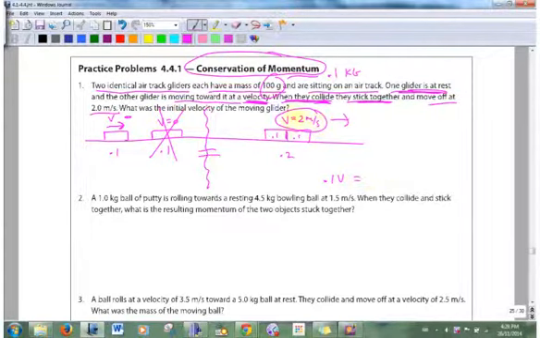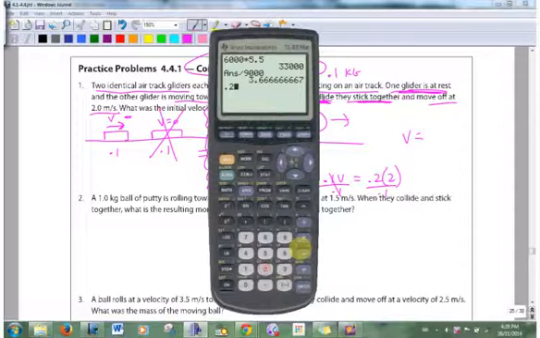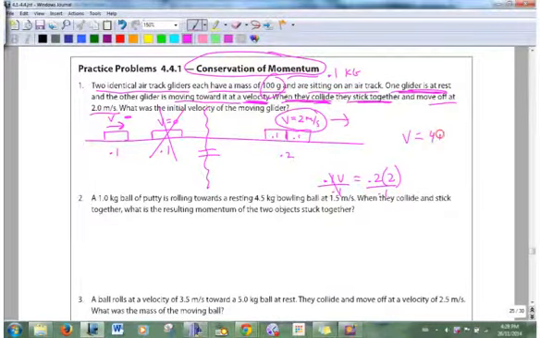Equals, what's the momentum after? Mass times velocity. Solve this for v. Divide both sides by 0.1. And v is 0.2 times 2 divided by 0.1, 4 meters a second.